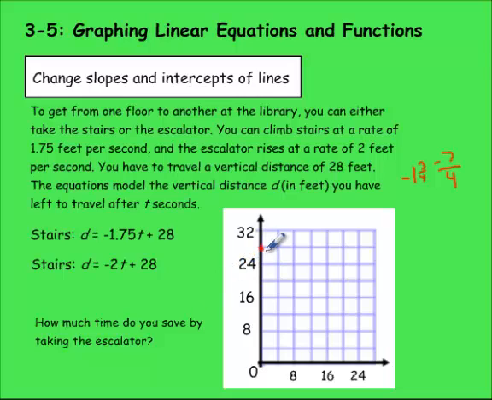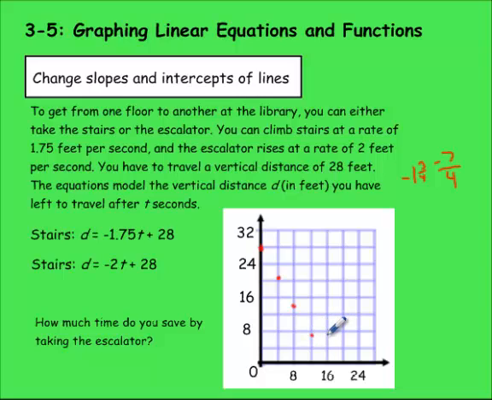If I run 4, which gets me here, I would go down 7. So that would take me to 21. Let's say this is 20, so 21 would be right here. One more run of 4, I would go down 7, so that would take me down to 14, which would be right here. Another run of 4, which would get me to 12, that would take me down to 7.